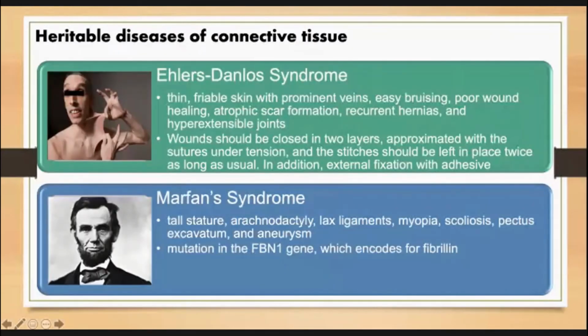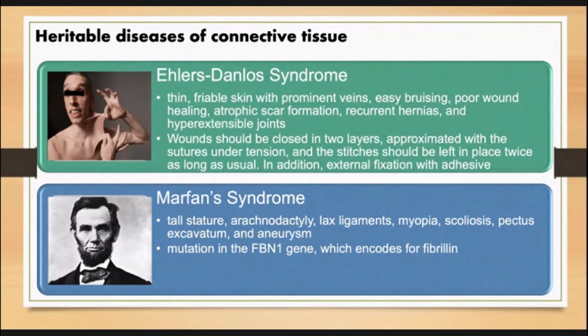Okay, so the next few slides will just describe several heritable diseases that can affect the wound healing process of our body. First is EDS, Ehlers-Danlos syndrome. There's a defect in collagen formation. Then you have Marfan syndrome.